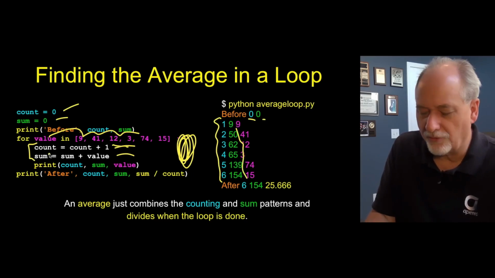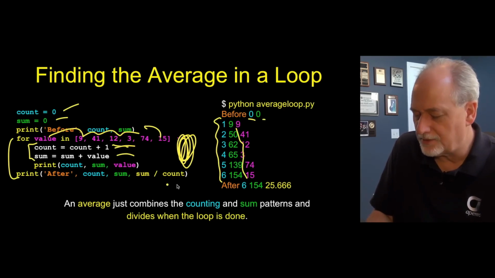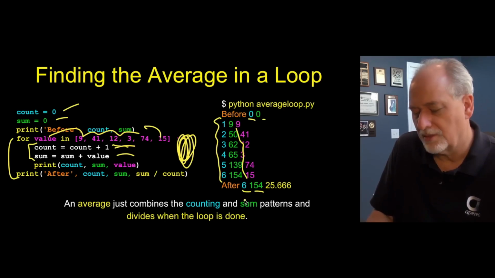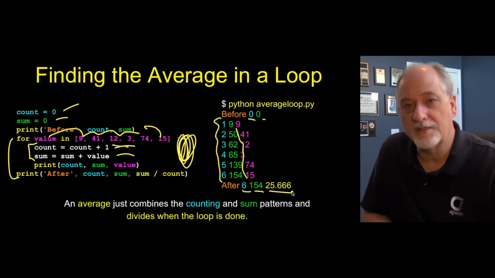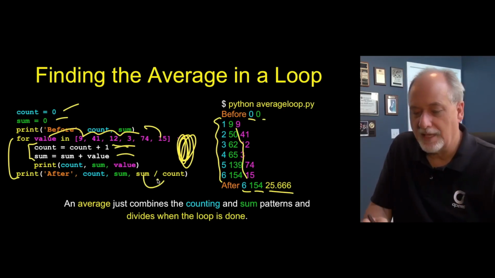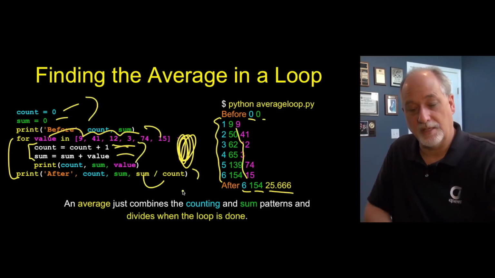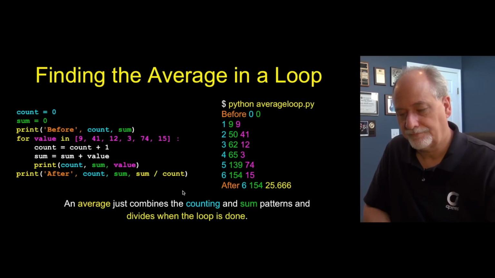And then at some point, we do the last one, and the for loop jumps out, and it divides 154, the running total, by 6, the count, so the average is sum over count. Okay? So that's just, again, a pattern of something in the beginning, something in the middle, something in the end.